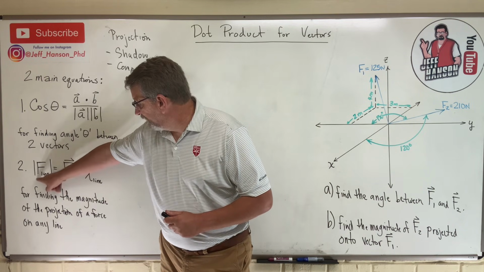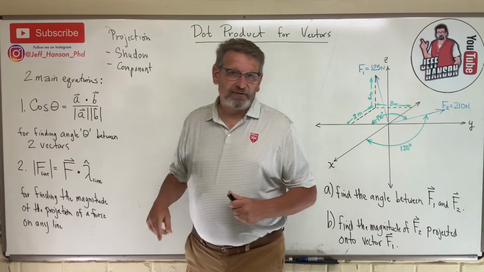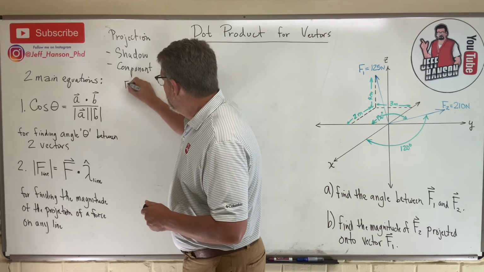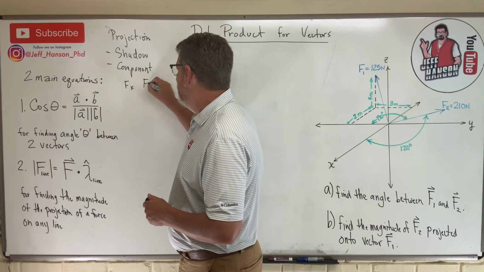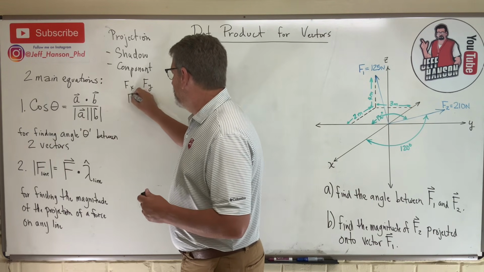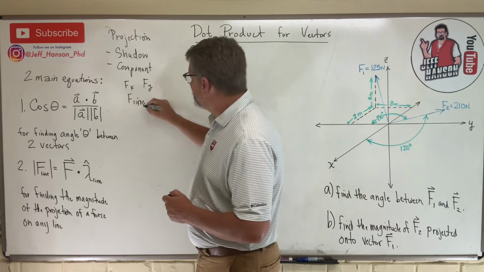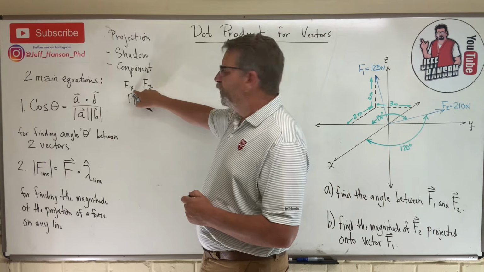I just called it F line. Normally we would call it like Fx or Fy, but in this case it's F line, right? Why is it F line? Because it's not on one of the coordinate axes.